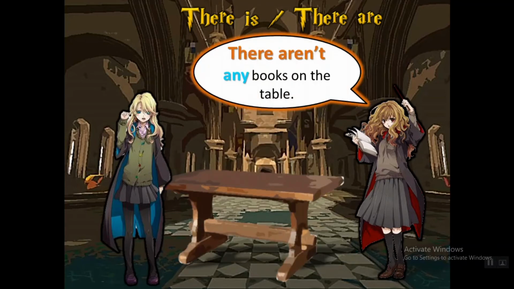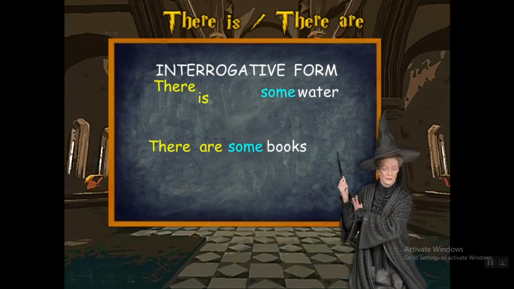Here, can you see any books on the table? No. So we say there aren't any books on the table, and we say there aren't because the word books is countable. Okay, let's go to know how to make a question, how to ask and answer.